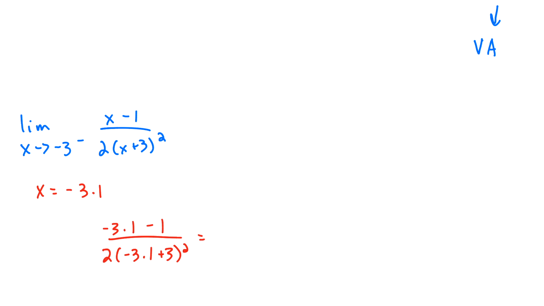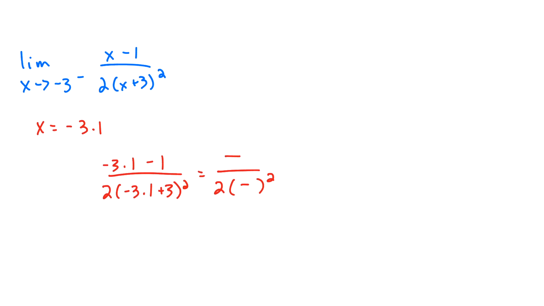If I take -3.1 minus 1, I'm going to get some other negative number. 2 is a positive number, so we'll leave it as that for now. -3.1 plus 3, if I add those two numbers, I'd get a negative number. We can keep going with this, though, because we know how negative numbers and positive numbers behave.